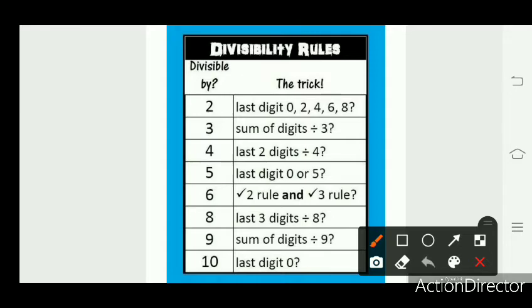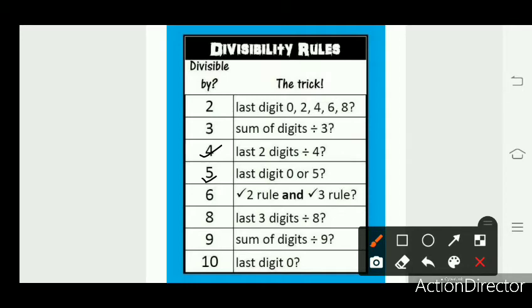Now the divisibility rule of 4. Here the trick is that the last 2 digits are divisible by 4. It means if the last 2 digits, in the tens place and the unit place, form a number, and this number is divisible by 4, then the whole number is divisible by 4. Now 5.